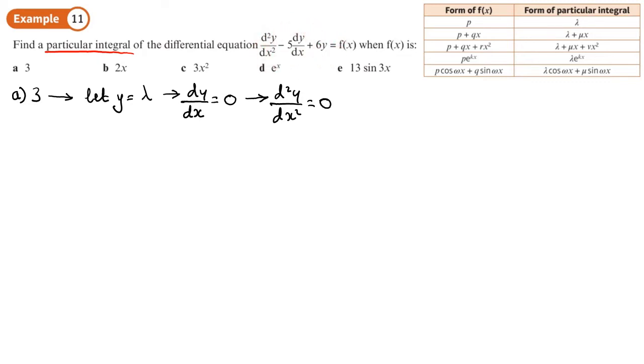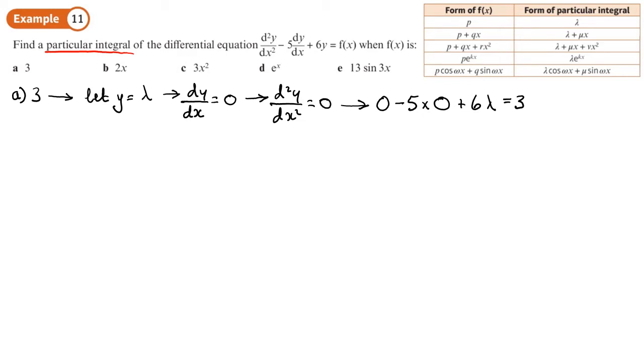So if I do that, I will get 0 minus 5 times 0 plus 6 lambda equals 3, because it tells us that f of x is 3.